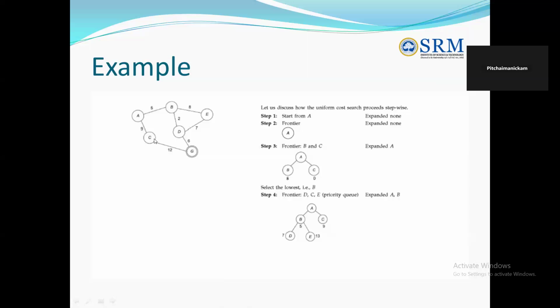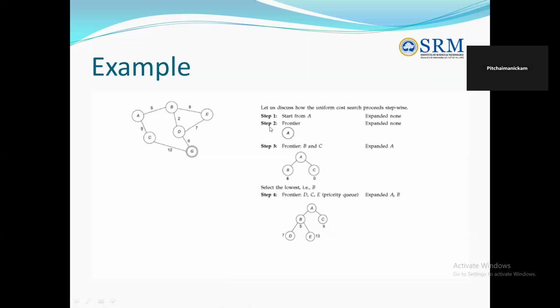Let us discuss how uniform cost search proceeds step by step. The first step is to start from node A and expand it.